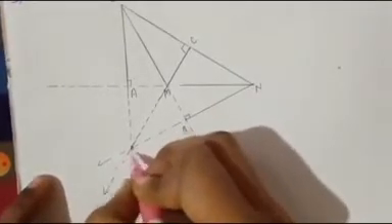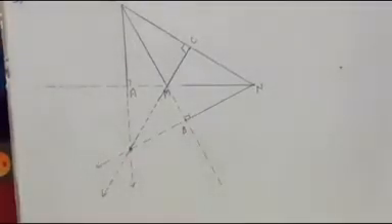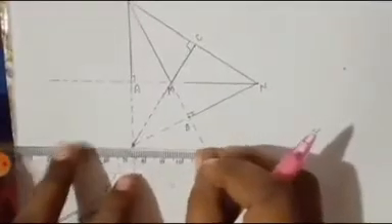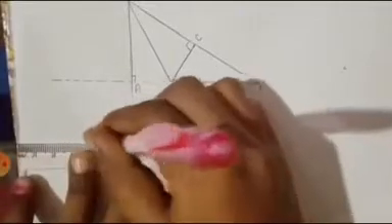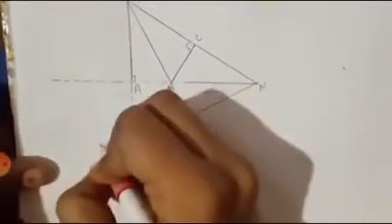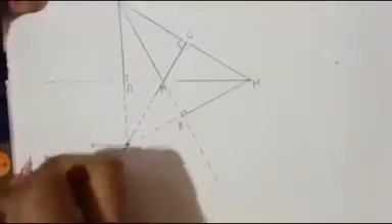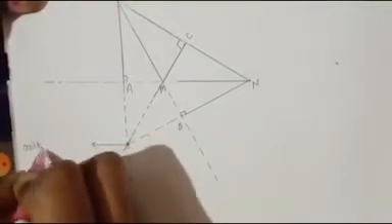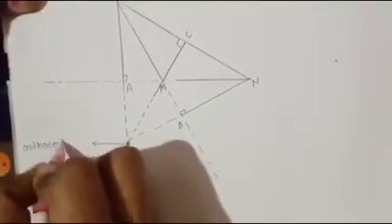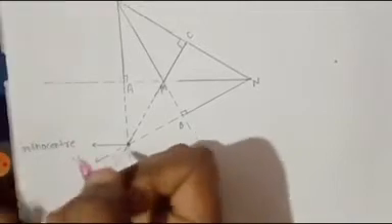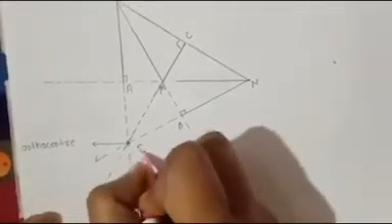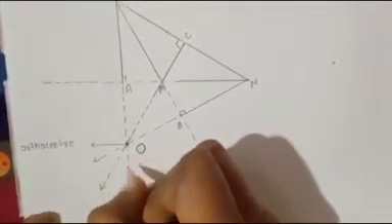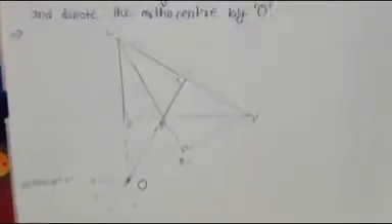This is the orthocenter denoted by O. Draw it properly in your fair notebook. The intersection point of altitudes is always called the orthocenter and it is always denoted by O.